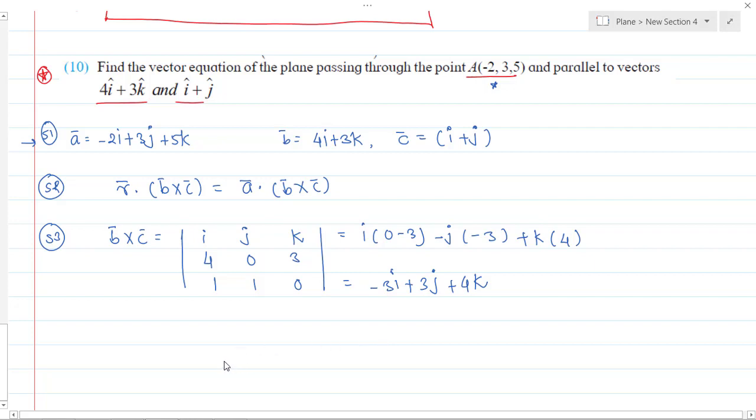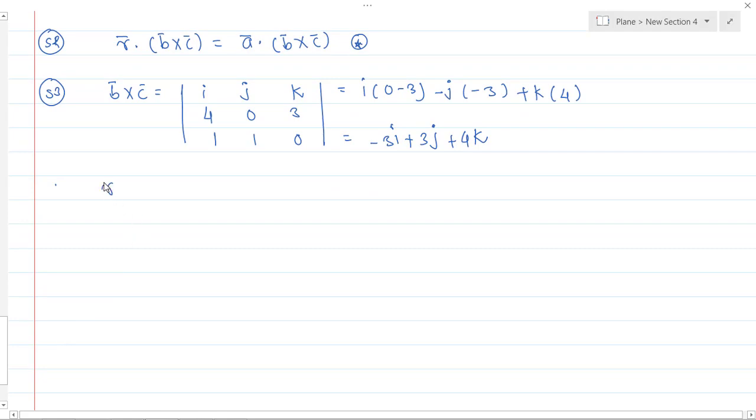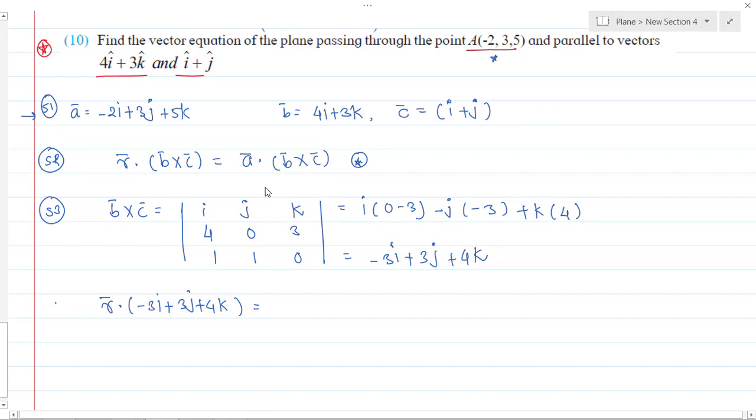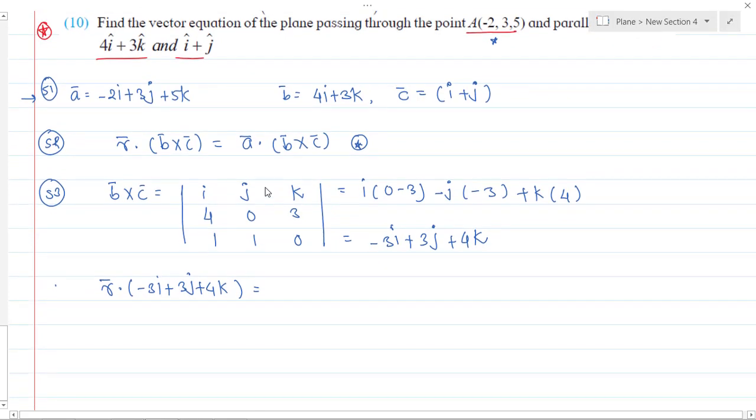Now let's substitute this into step number 2 and we will get the answer. So it's r bar dot minus 3i plus 3j plus 4k equals a bar dot b bar cross c bar, which is minus 2i plus 3j plus 5k dot minus 3i plus 3j plus 4k.